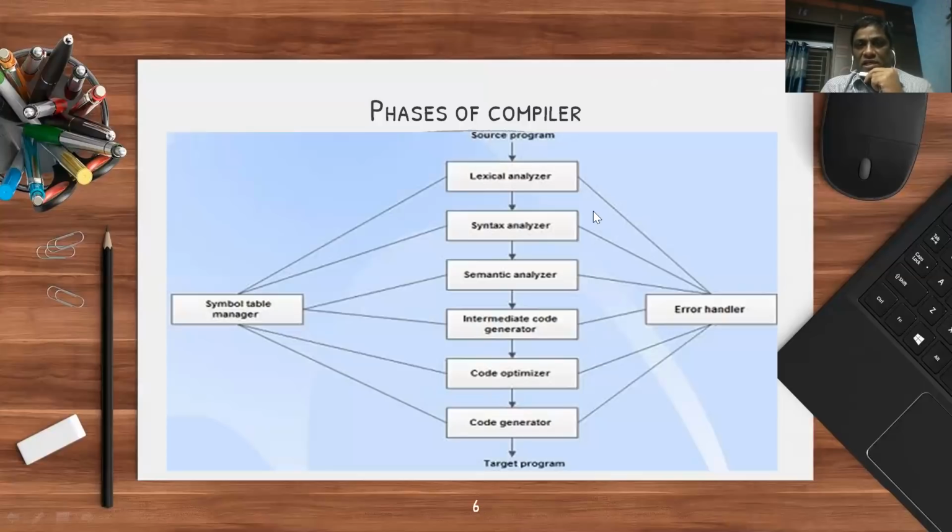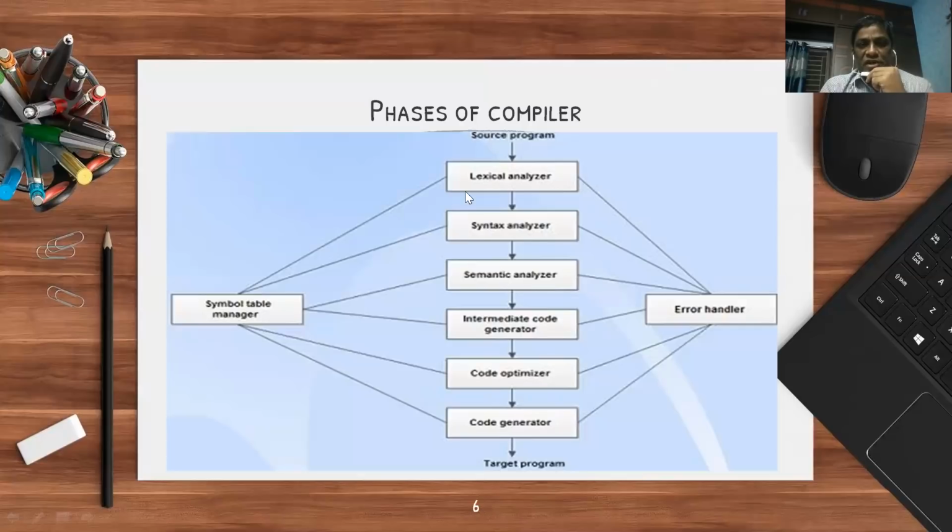Whenever an error is identified, either the compiler tries to recover from the error or it generates an appropriate error message that will be handled properly. So these two components, symbol table and error handling, are connected to every phase of the compiler.